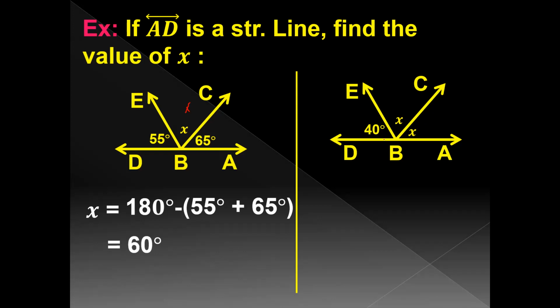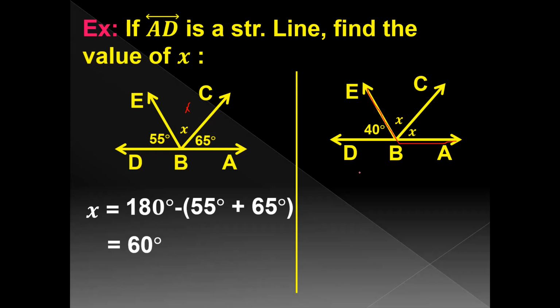Sure, we can find the value of x by using supplementary angles. The three angles are supplementary, then their sum is 180 degrees. So we can find the value of angle EBA, the greater angle EBA, and divide by 2 to find the measure of each angle.